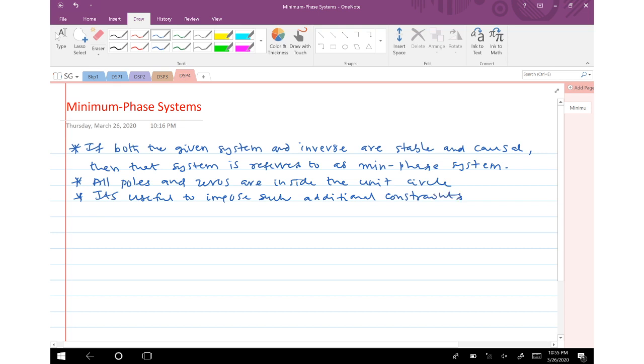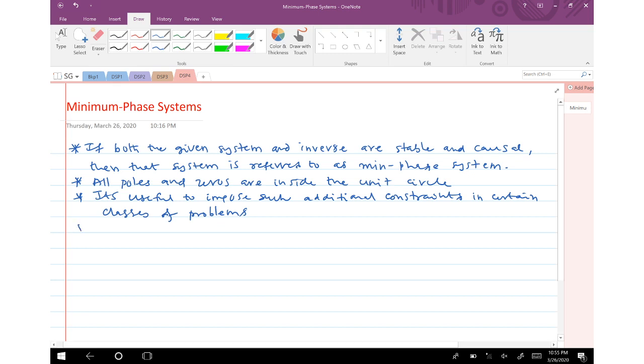In certain classes of problems, what are those classes? At least in this lecture we will take a look at two things. We will see that very shortly, after we go through the theory a bit.